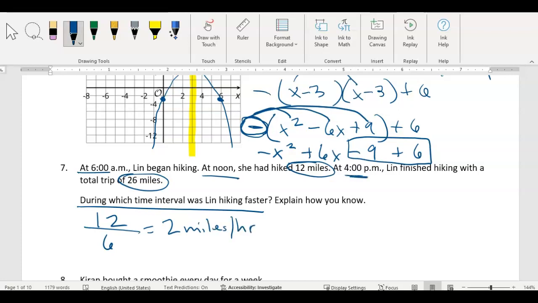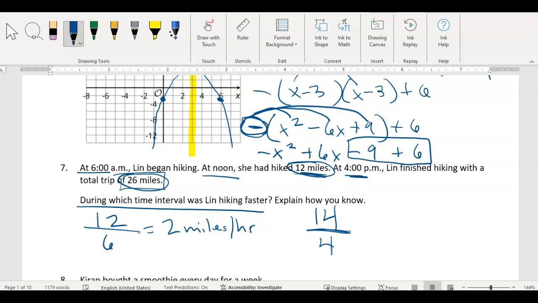Then at 4 p.m., Lynn finished hiking. So that's 4 hours later, right? She had finished hiking with a total trip of 26 miles. So total 26, but 26 minus 12, because she originally did 12 miles, means that she did 14 miles in 4 hours.